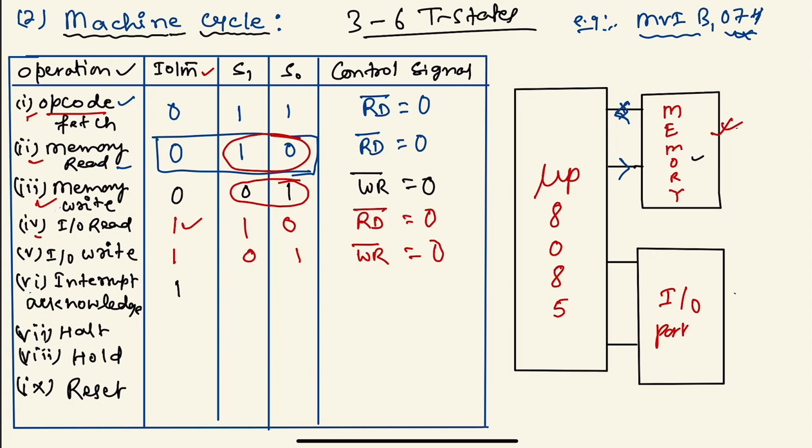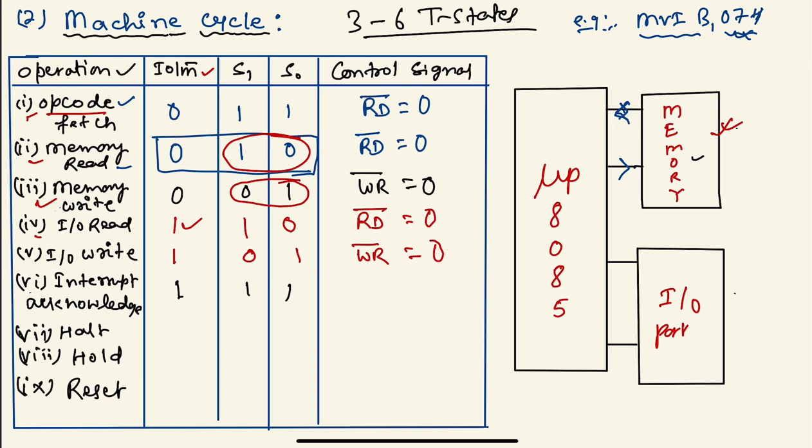So this IO/M bar signal should be 1, and S1 and S0 should also be 1 1. This gives the operation of the interrupt acknowledgement.